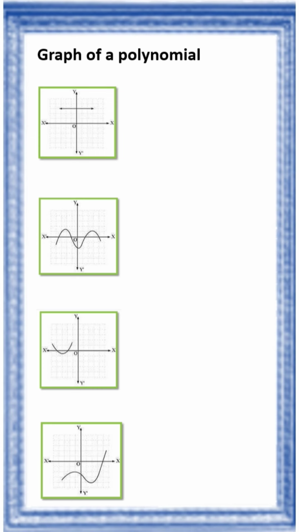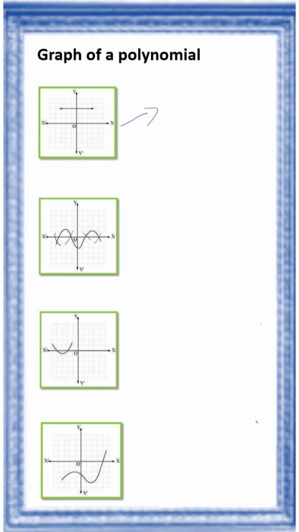Graph of a polynomial. In this type, there is no solution, because the solution of a polynomial depends on whether the graph cuts the x-axis and how many times it cuts the x-axis. Here the number of zeros is 1, 2, 3, 4.